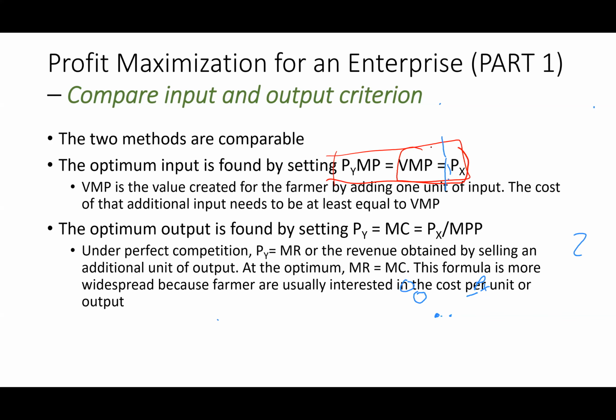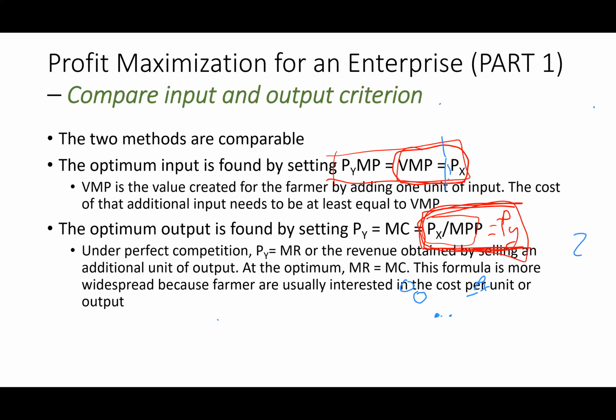One is value marginal product equals px, and then we found x, and the other one is marginal cost. Sorry, marginal cost equals price of output.